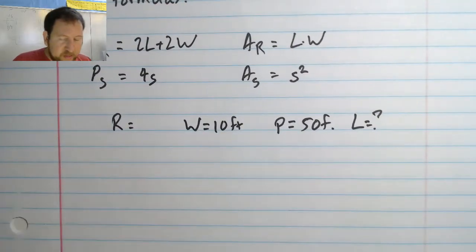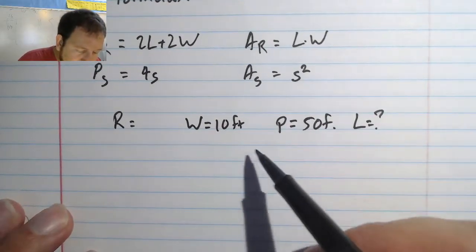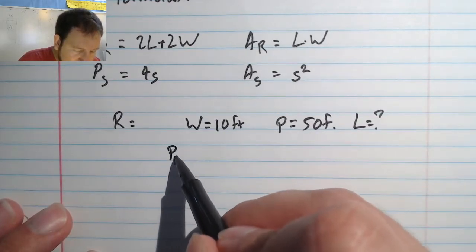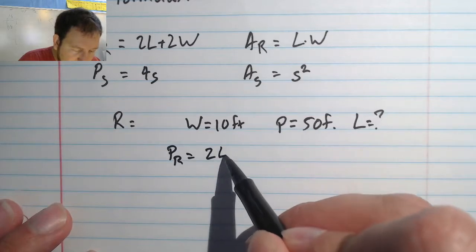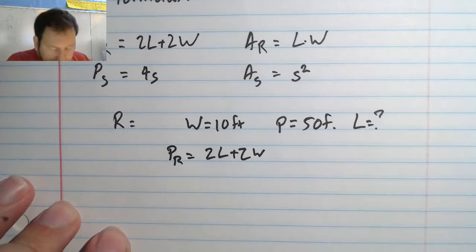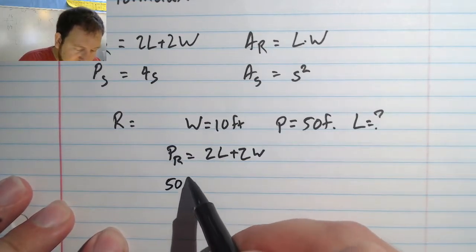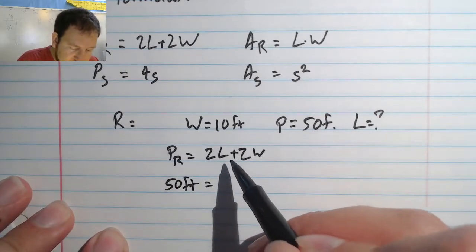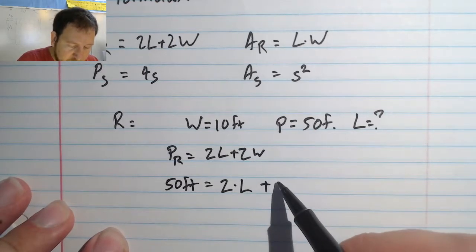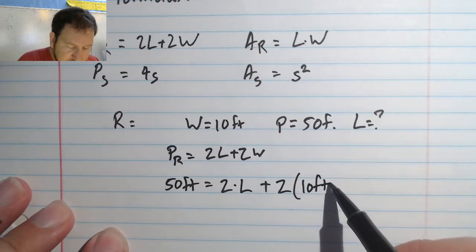Alright, so for this, we need to look backwards at what we were doing before. So let's look at our rectangle and our perimeter formula. We're going to write down the perimeter of a rectangle is equal to 2L plus 2W. Now I'm going to substitute in the things that I know. I know my perimeter is 50 feet, equals 2 times L. I don't know my L, so I write 2 times L plus 2 times W. I do know my W. It's 2 times 10 feet.